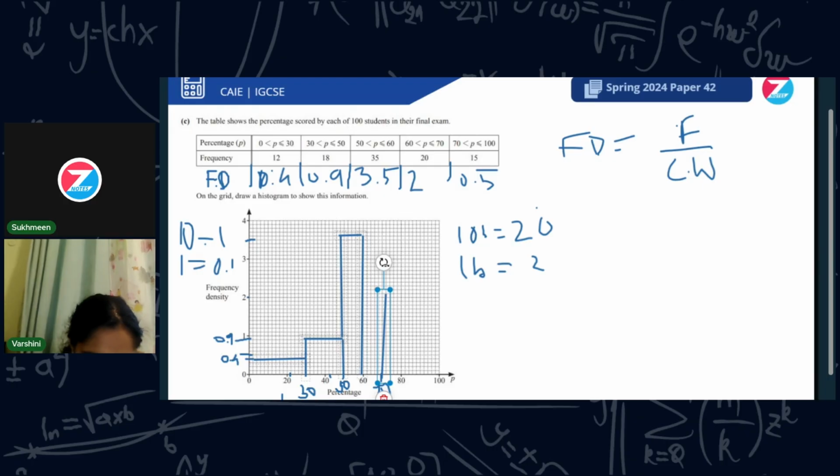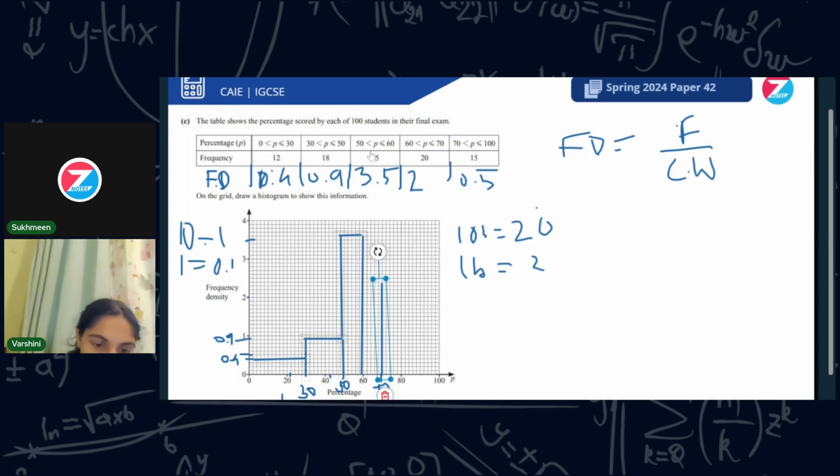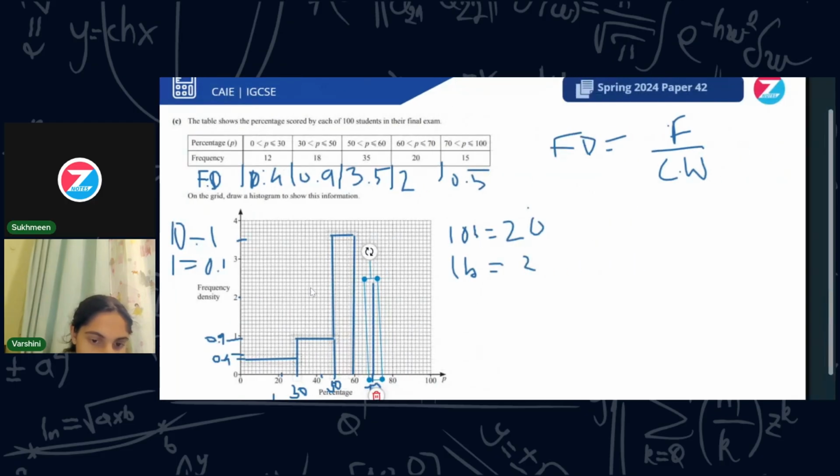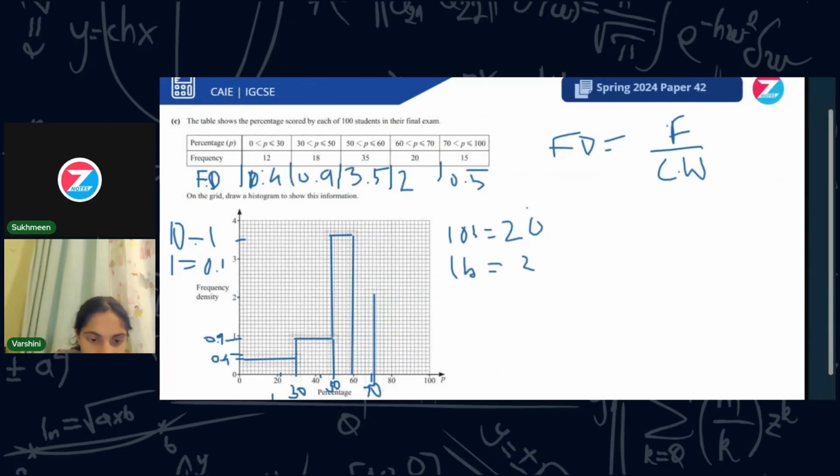Just make sure your lines aren't slanted and that they're at the right spot. Wait, sorry, my bad. And now the line across.